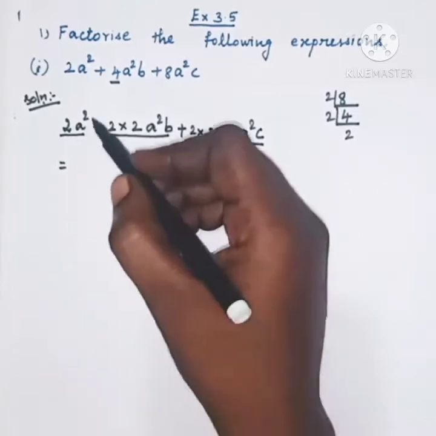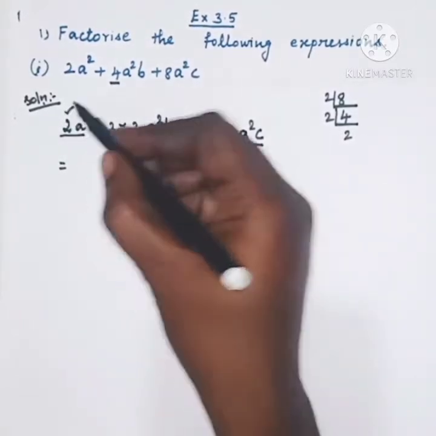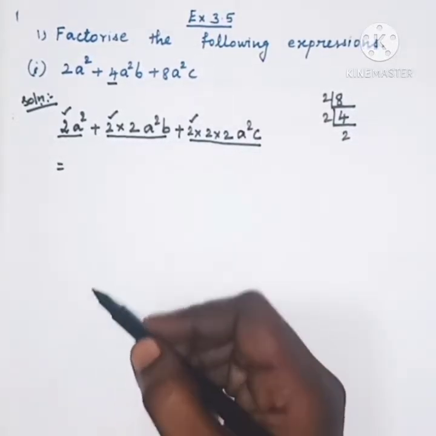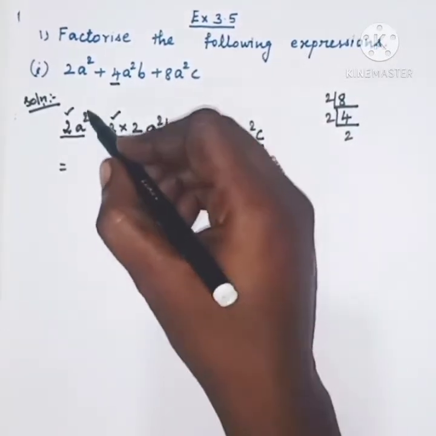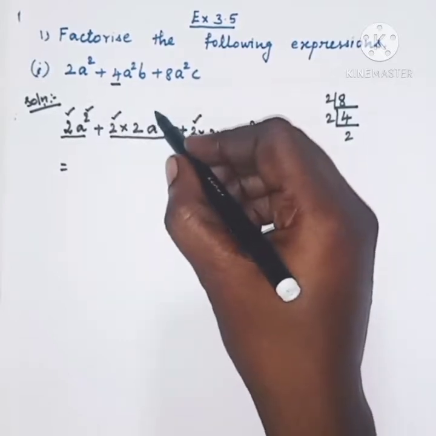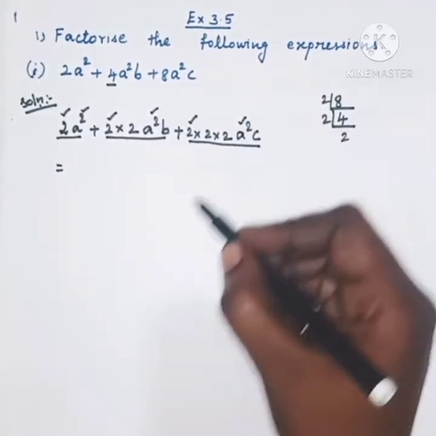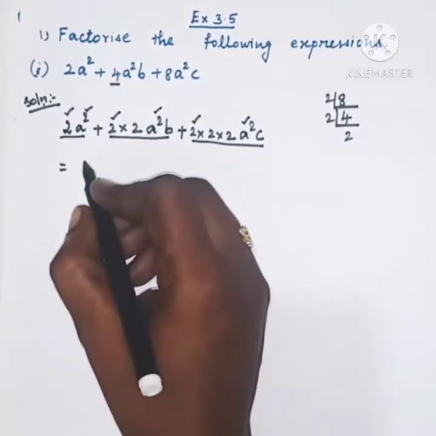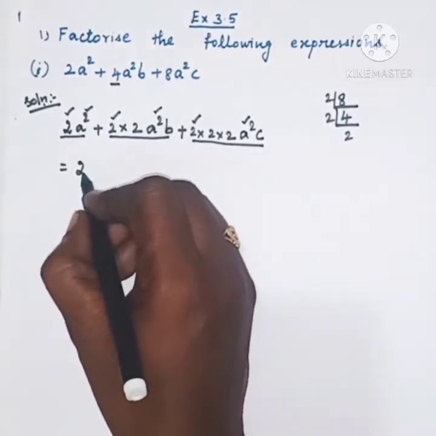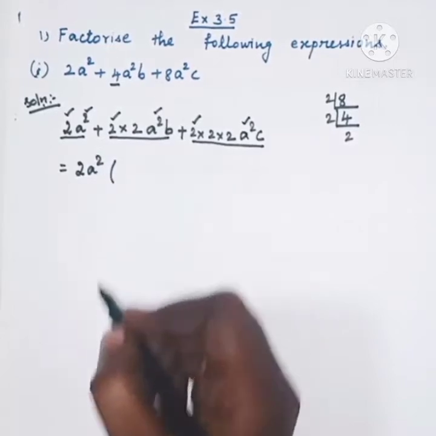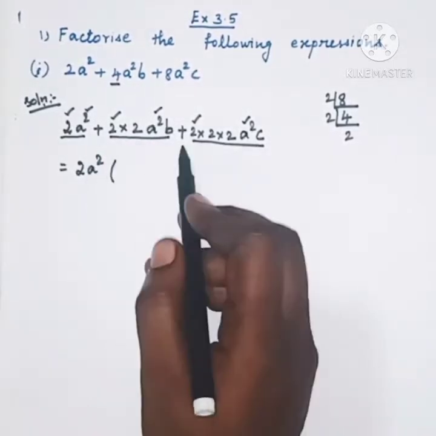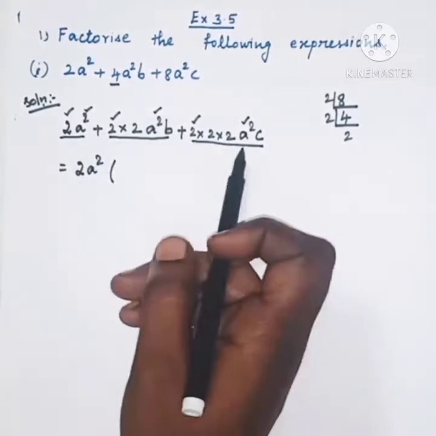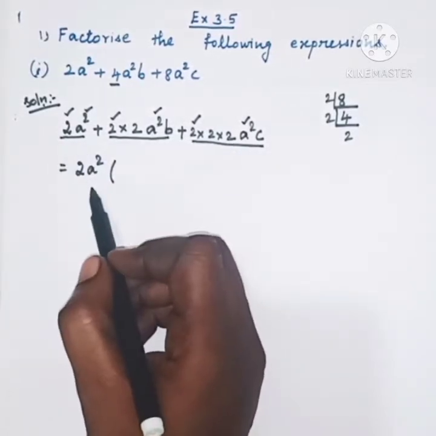The common things are, 2 is the common term in this expression, and a square is also the common variable in all the 3 terms. So take 2a square outside. Okay, take the common terms outside. So 2a square is the common thing in all the terms, so take this 2a square outside.